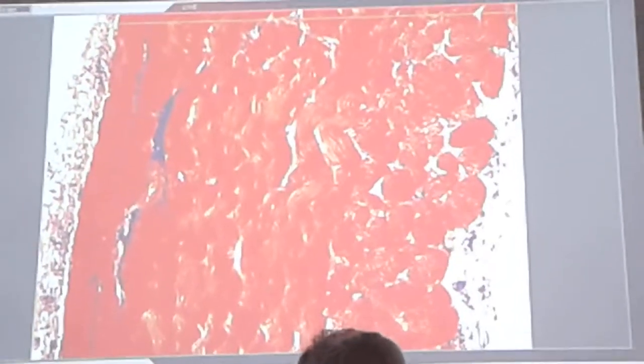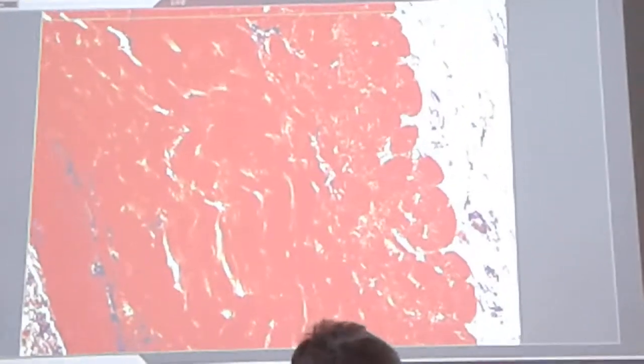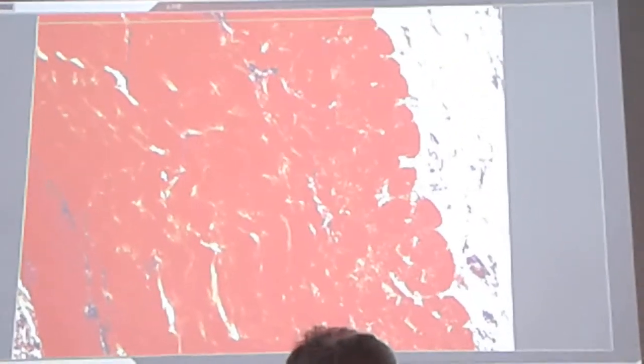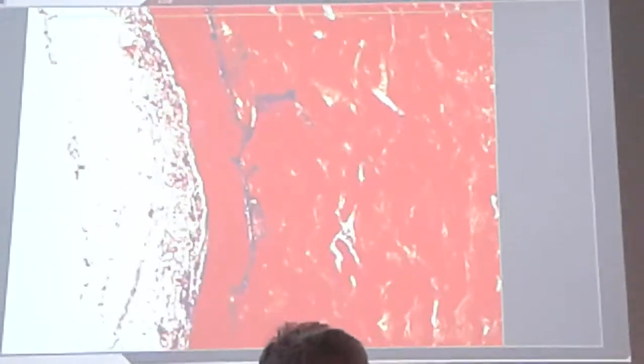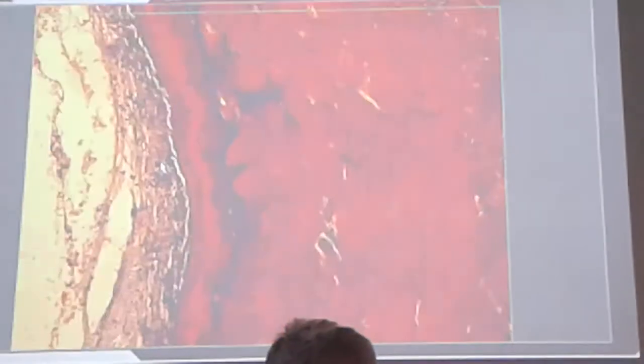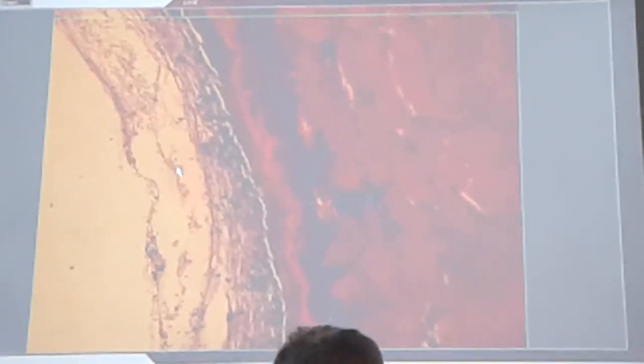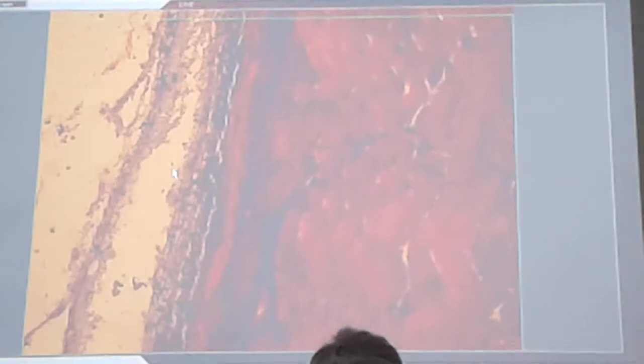But if you go through your preparations on your microscope, you can see some different muscle types. And the last layer is the adventitia, the outermost layer, and adventitial elements are clearly visible.